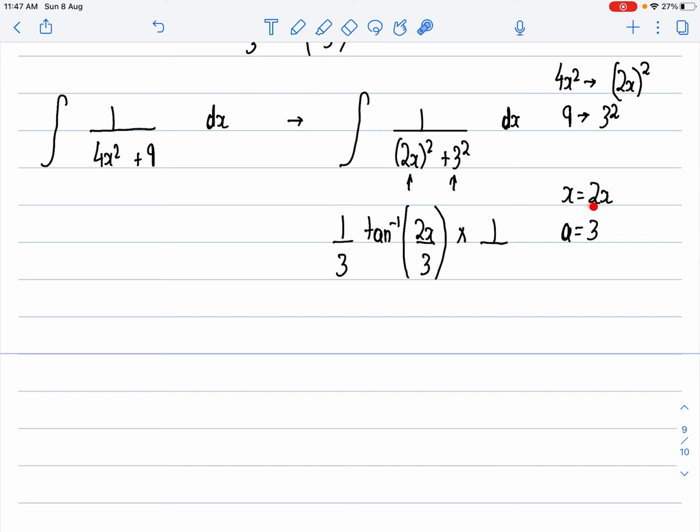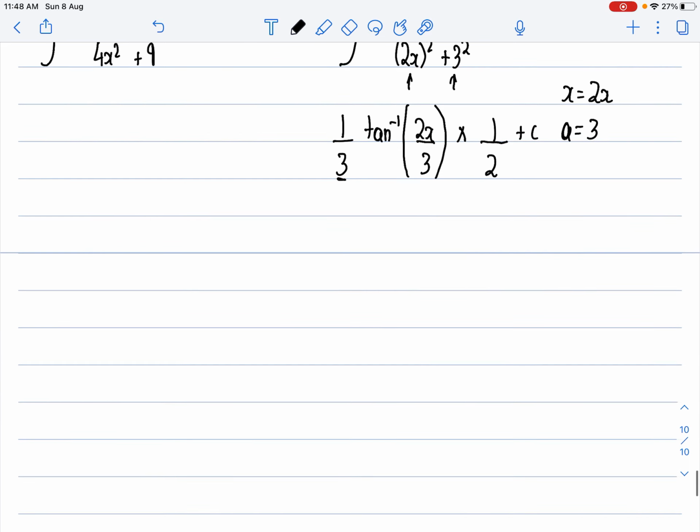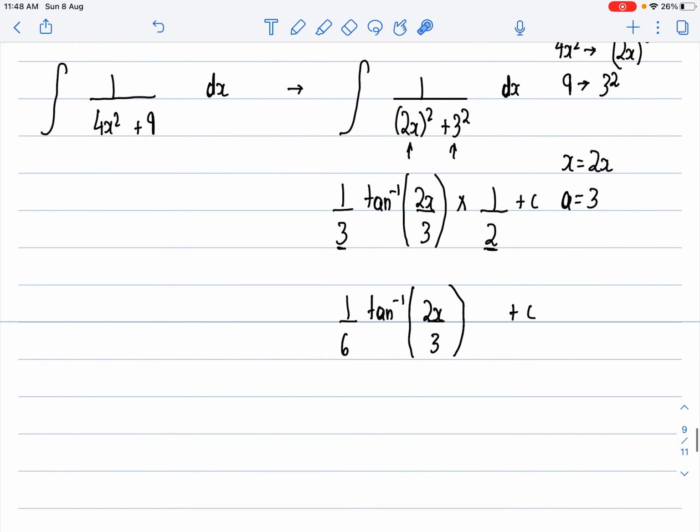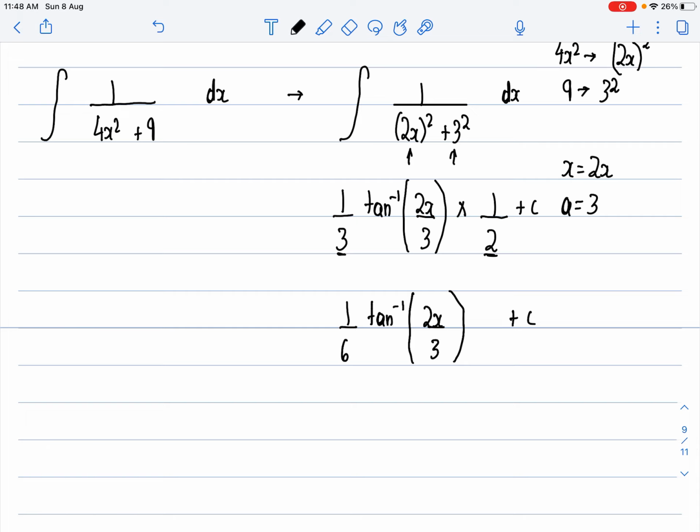In this case, the coefficient of x is 2. So I simply write 2, plus c. Now I can do 3 into 2, which is 6. So I can just write this as 1 over 6 tan inverse of 2x over 3 plus c. Here you need to understand that the coefficient of x will be multiplied as 1 over the coefficient of x. This is what you need to know.